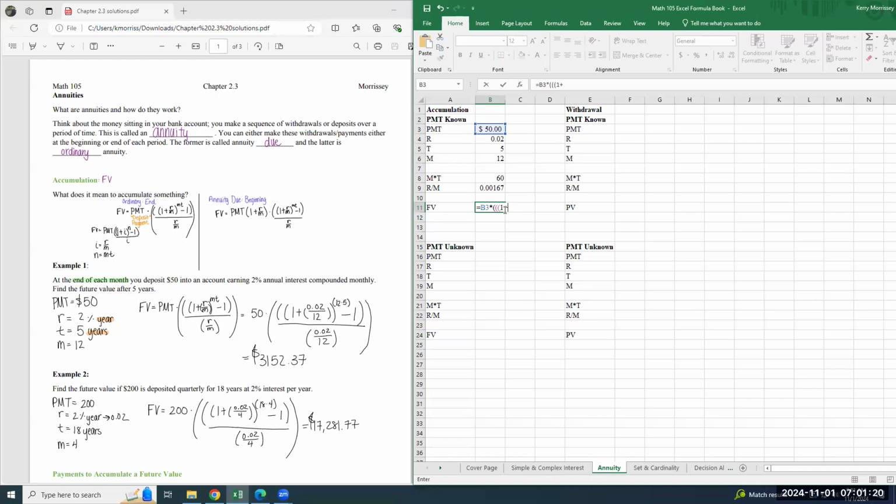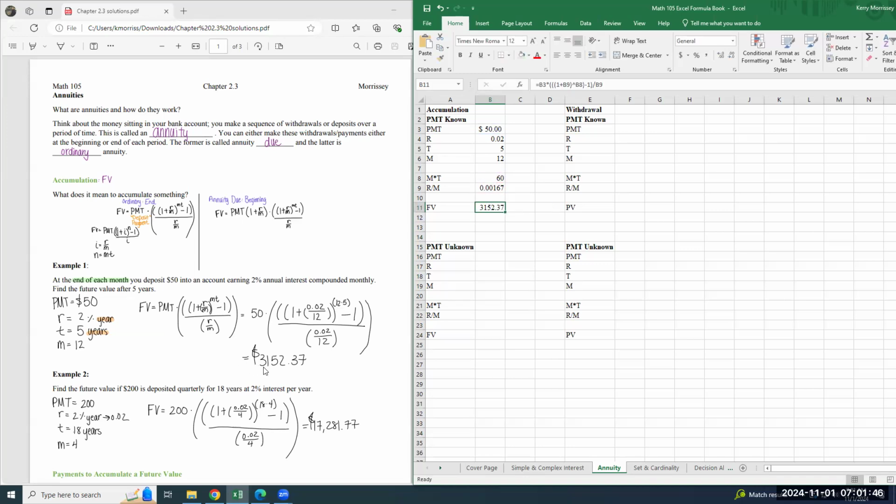So you have 1 plus, and then it says R over M, which is this value here, raised to the M times T, so this value here. And you'll notice that each time I close, it's flashing that it's closed, minus 1, parentheses. And then it says divided by R over M. Do that one.